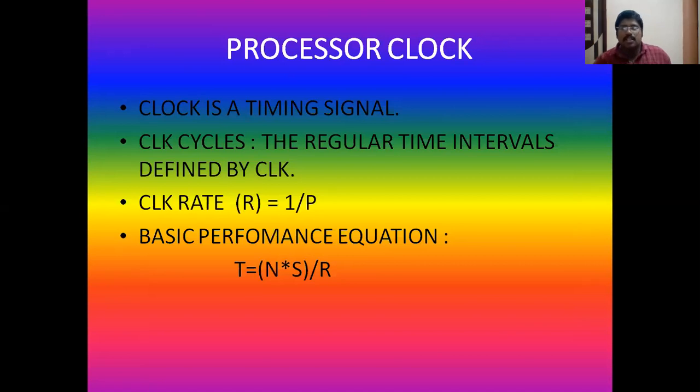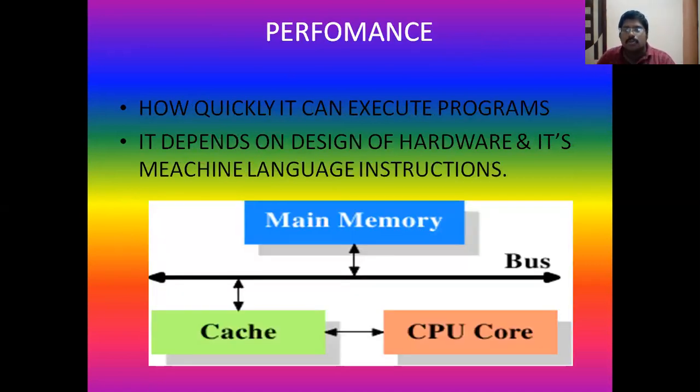We have just now told in our previous slide, we'll just move to the previous slide. What is the heading of this slide? Performance. So what we have mentioned here is how quickly it can execute the programs. How quickly it is executing the programs will depend on the clock frequency.